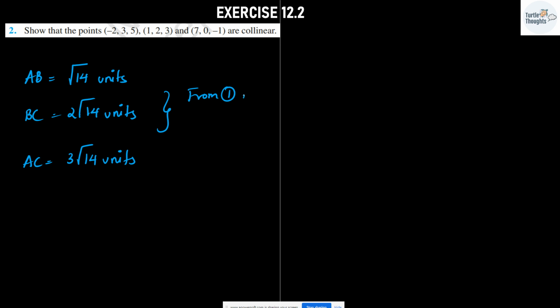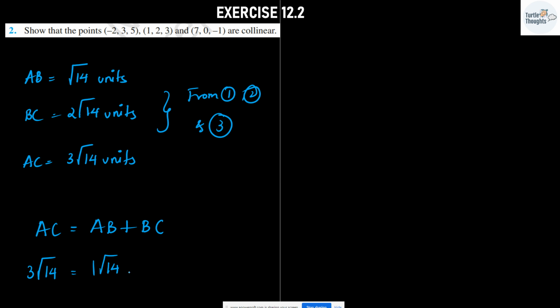From 1, 2, and 3, now, can I tell here that AC is equal to AB plus BC? AC is 3 root 14. Is it equal to AB, which is root 14, can be written as 1 root 14 plus 2 root 14?